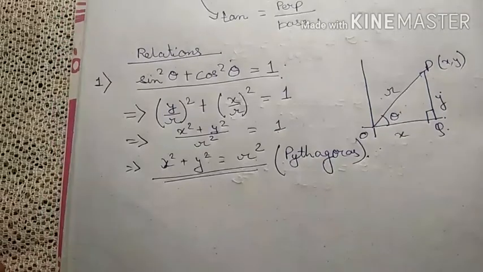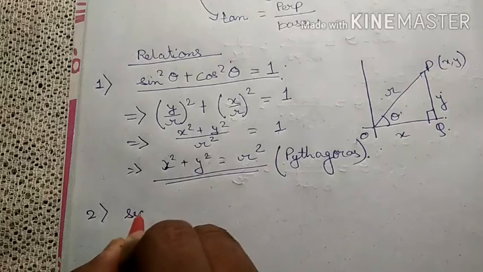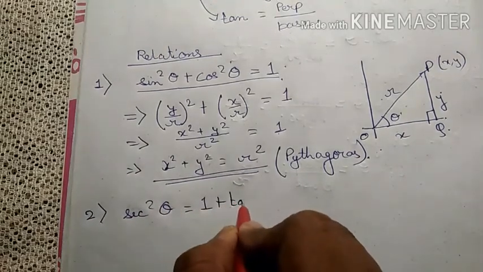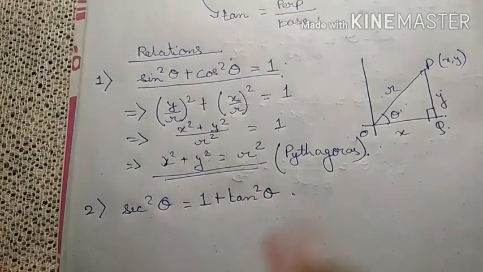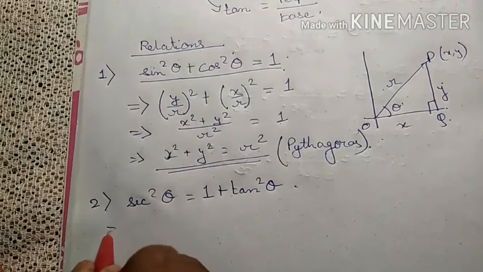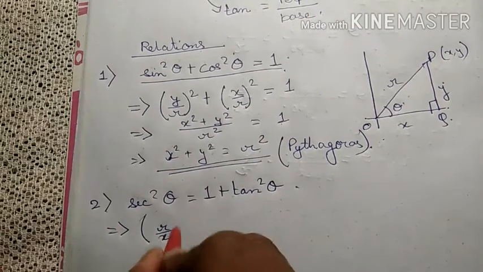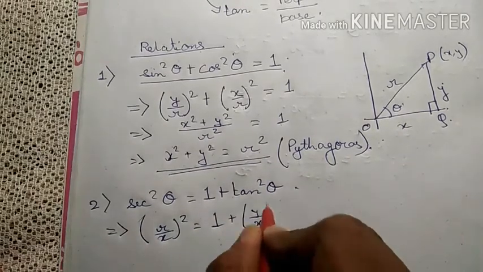Now the second relation is sec square theta equals 1 plus tan square theta. Similarly, if we put the values of the ratios here, sec square theta is (r by x) whole square, equals 1 plus (y by x) whole square.